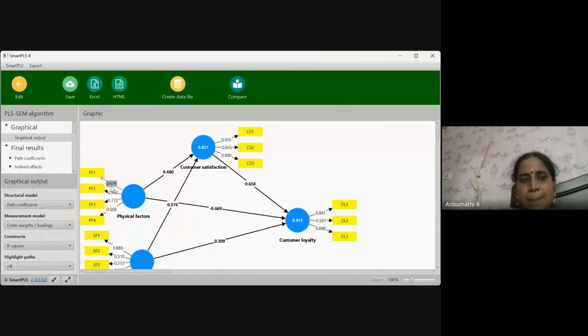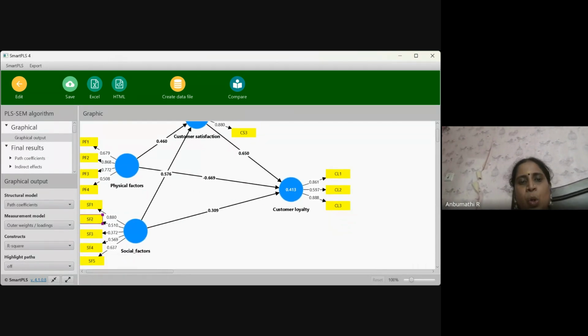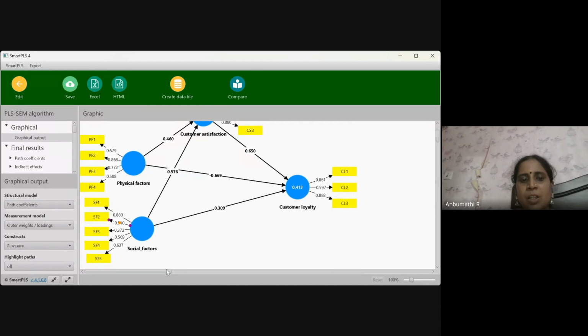Here you can see 0.679, 0.868, 0.772, 0.508. This is actually outer loading, because I feel that it's easy to find whether the outer loading is good or not.